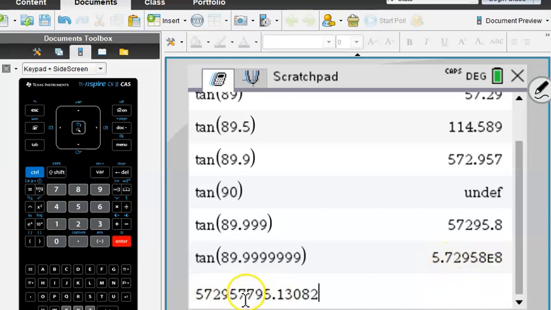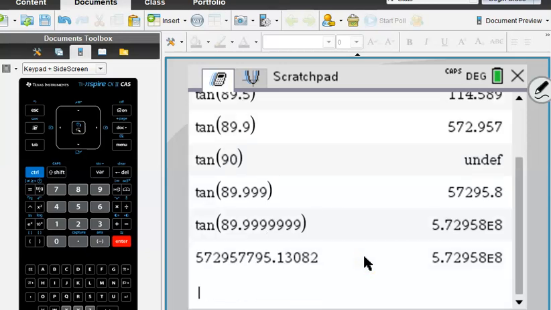So this is actually the number 572,957,795.13 and so on. So we can make our tangent value as big as we want it to be just by making the angle closer and closer to 90 but not equaling 90.